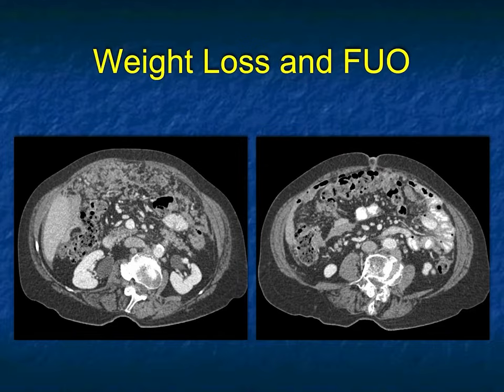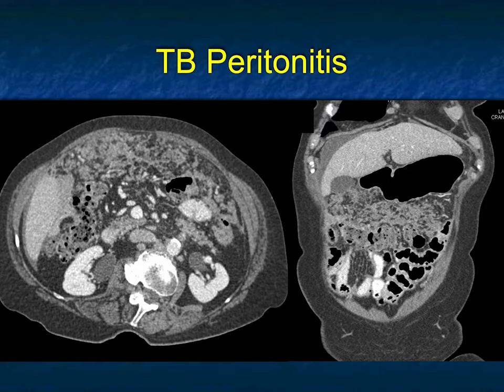So one of the things, if you have a patient where the history of malignancy doesn't quite fit in, and the patient has fever, and the patient comes from a country, particularly in Africa, the thought is perhaps it's TB peritonitis. And in fact, this case was TB peritonitis.